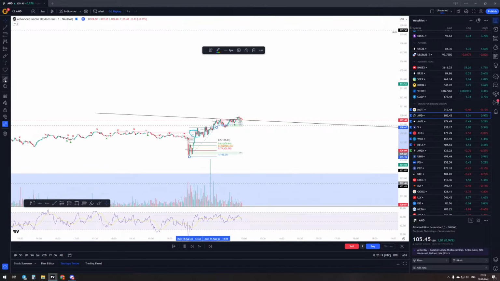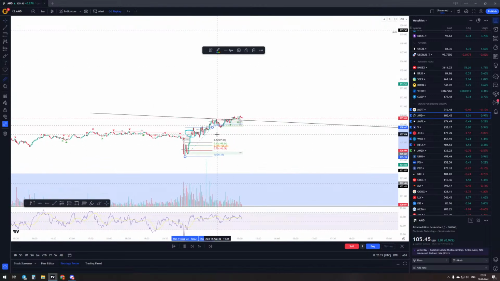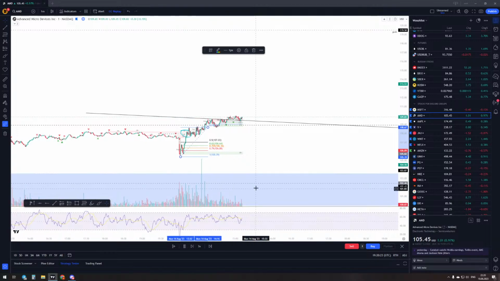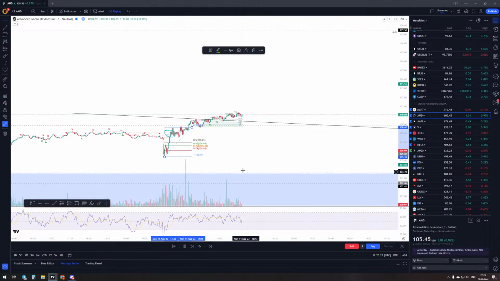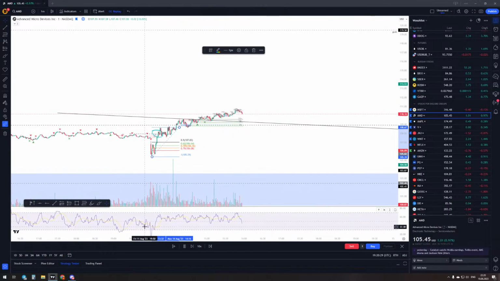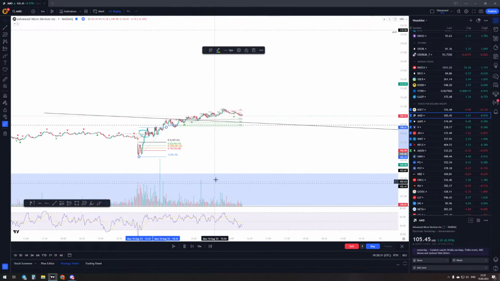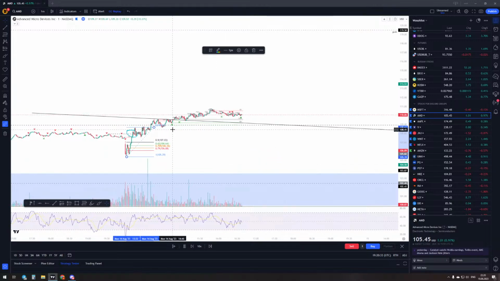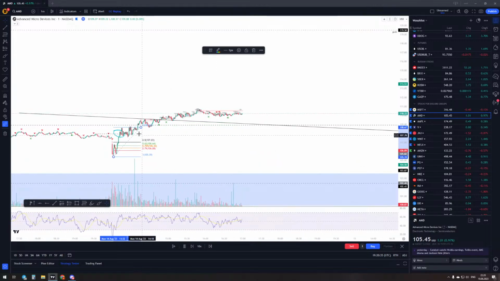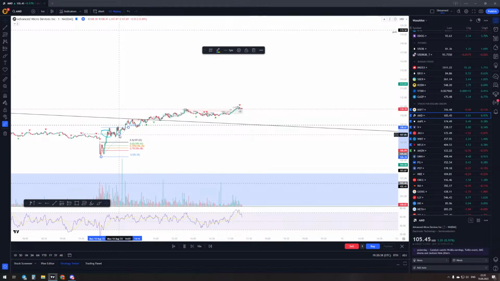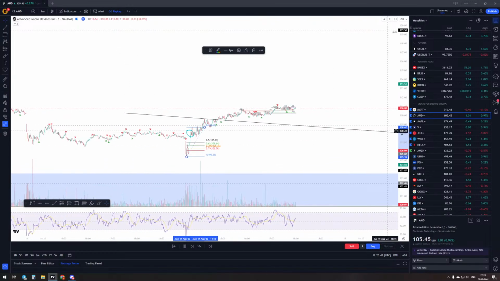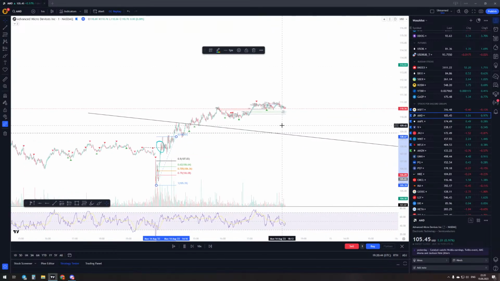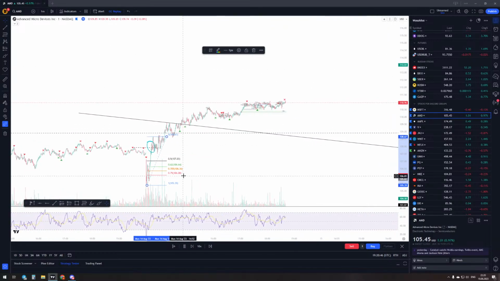And then even from here, I'm going higher. In this case, you already can move your stop to break even, and price will slowly go up.